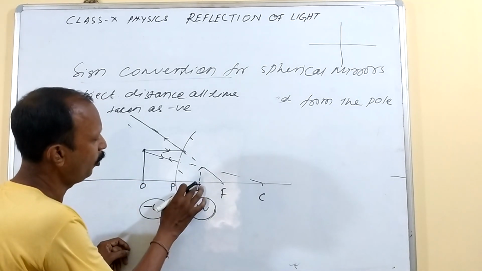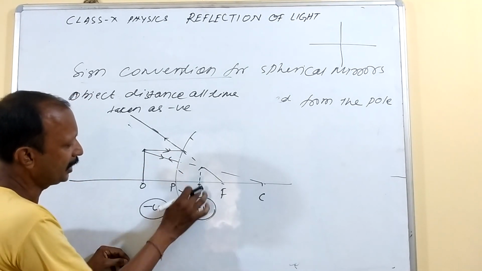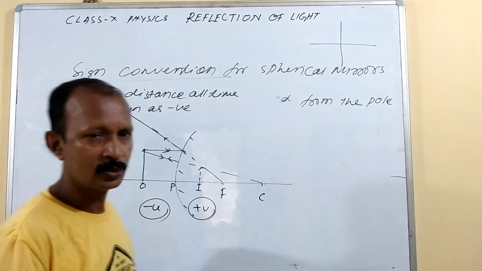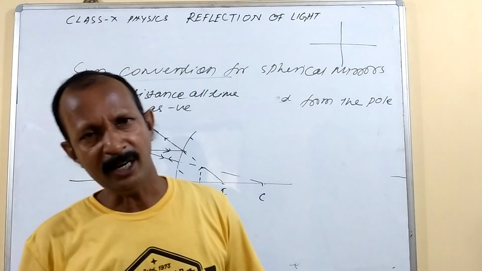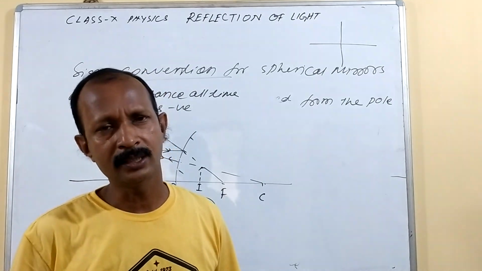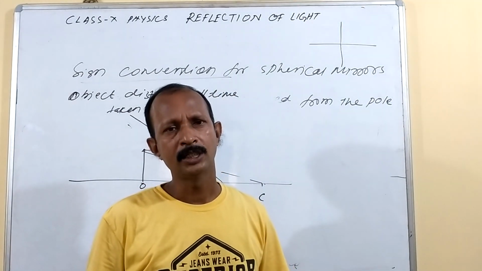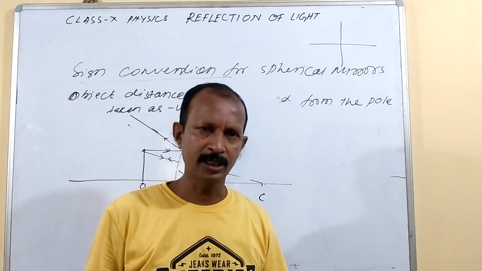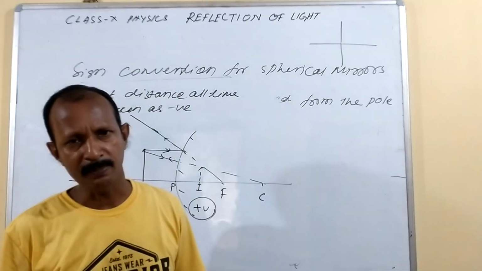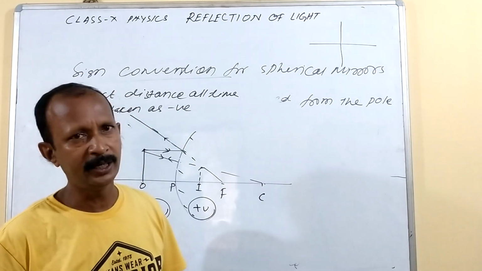So we should measure pole to image. So here pole to image is along the incident ray, that's why it is taken as positive. So this is about the image formation by a convex mirror, as well as the sign conventions for both convex mirrors as well as concave mirrors. So this is for today. So until the next video, bye.